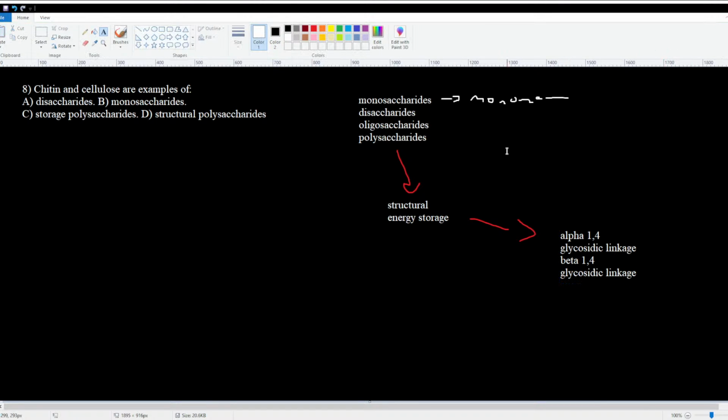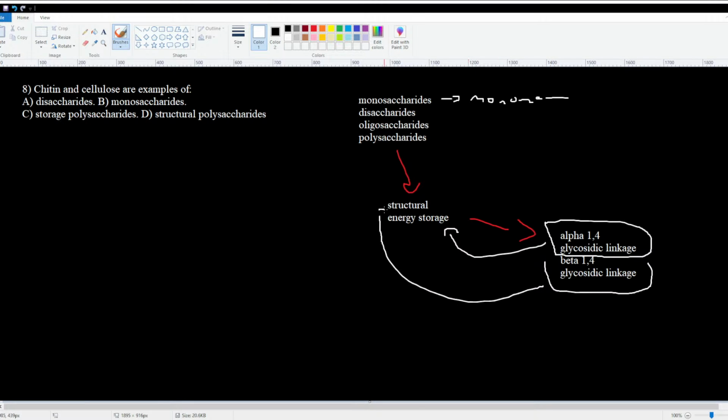As a general rule, something that has alpha 1,4 glycosidic linkage is going to be for energy storage, and something that's beta 1,4 is going to be for structural. So what does this mean?